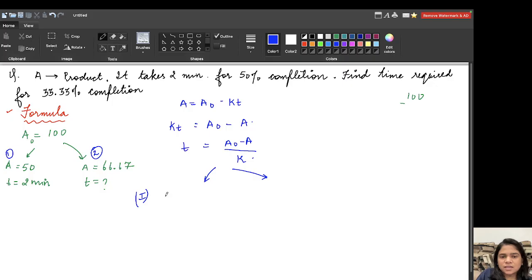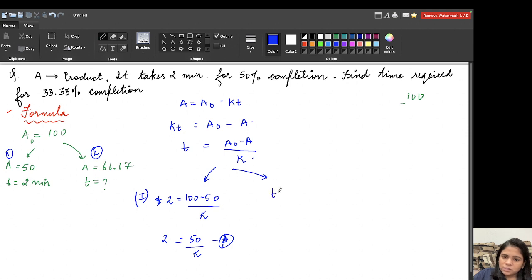Time is already given in the first case, 2 minutes, so we directly substitute. 2 equals 100 minus 50 by K, so 2 equals 50 by K. Let's take it as equation number 1.